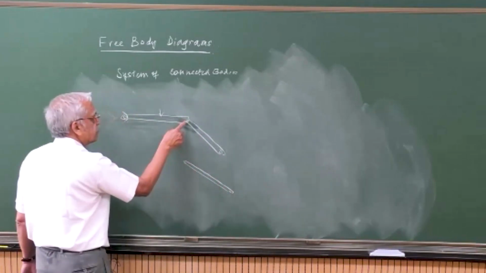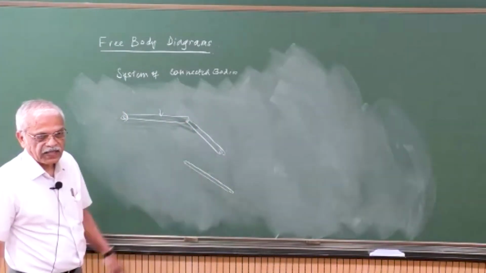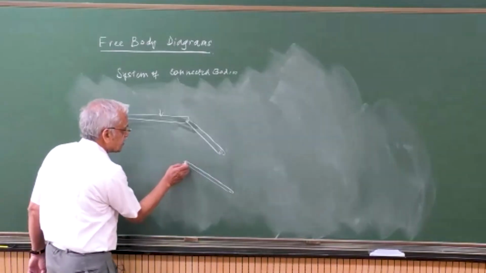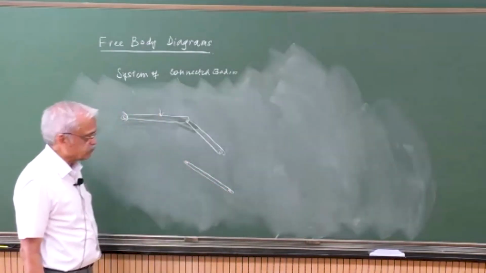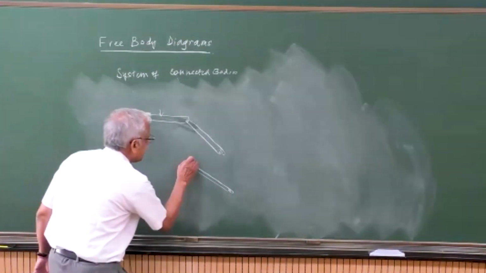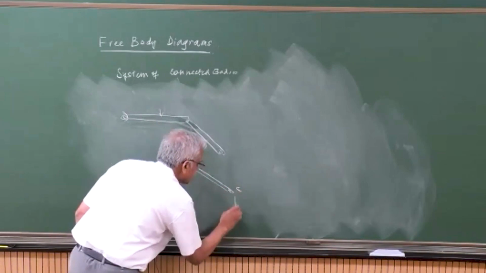What did I do? I put two unknowns here and obviously two unknowns here. Okay. So this body, a link, is being subjected to forces at B and at C, right?